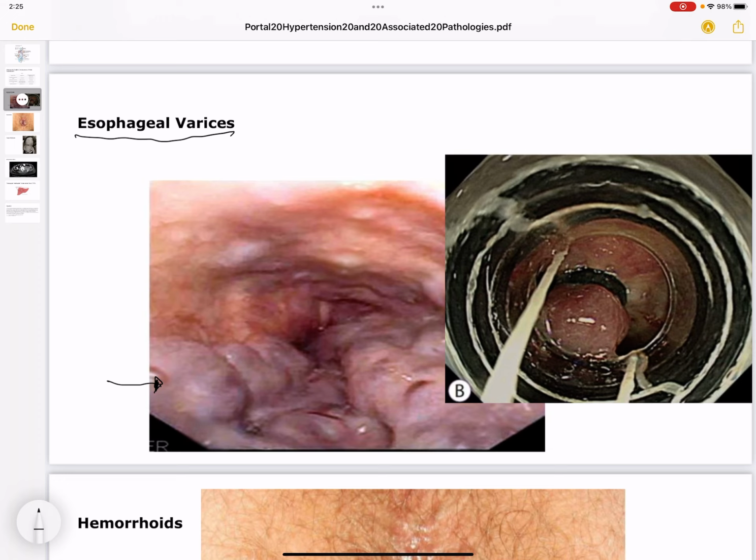And the rupture of these varices is actually the most common cause of death for patients with liver cirrhosis. So it is extremely important that it is treated properly.